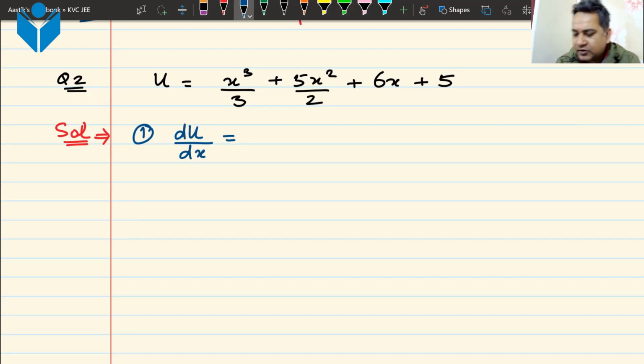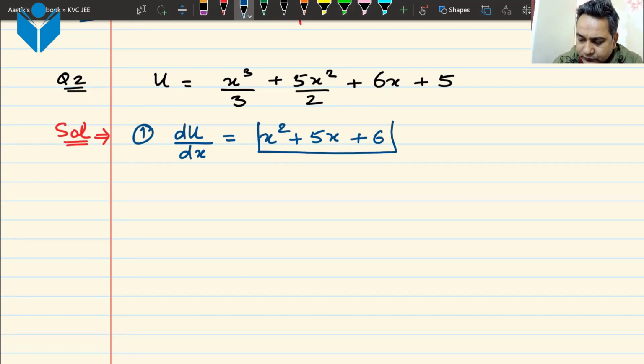What is the derivative, beta? 3x squared by 3, so that is basically x squared, plus 5x, plus 6. That is the derivative. I think everyone got to this first step of finding out the derivative.